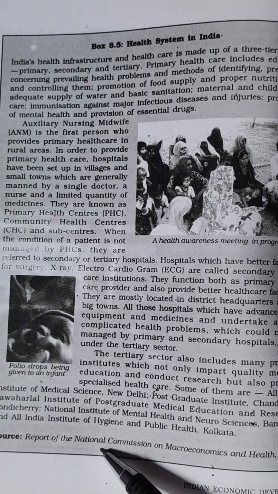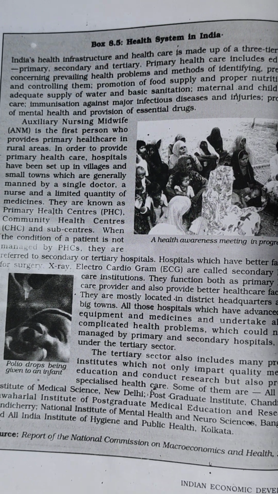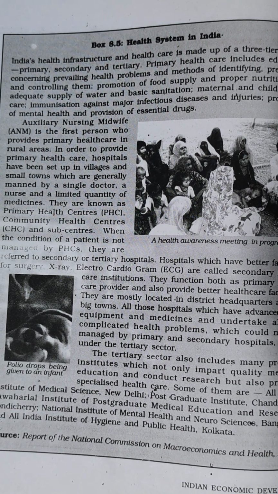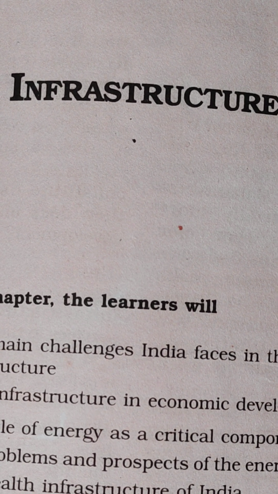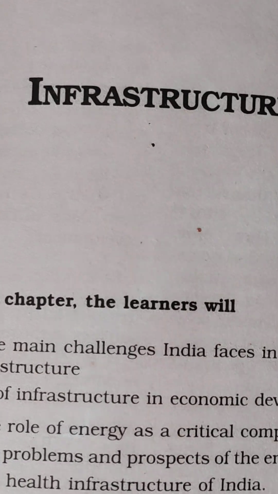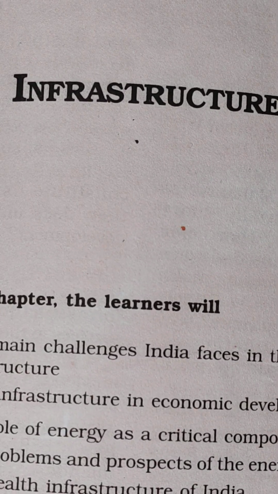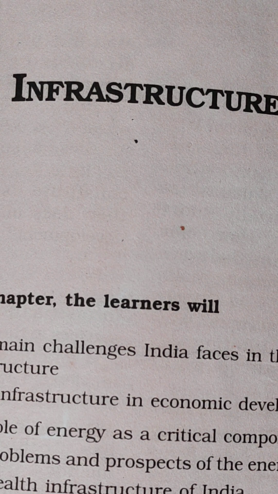The source is report of the National Commission on Macroeconomics and Health, 2005. So that gives you a brief idea about the three-tier health system in India. So with that, we finish off infrastructure, and so you must have understood the importance of the role of infrastructure in economic development.